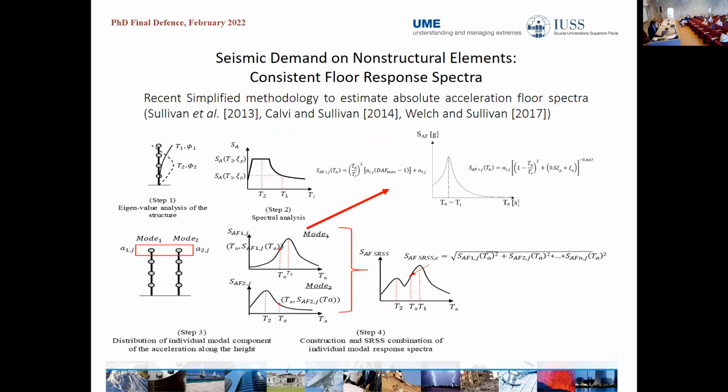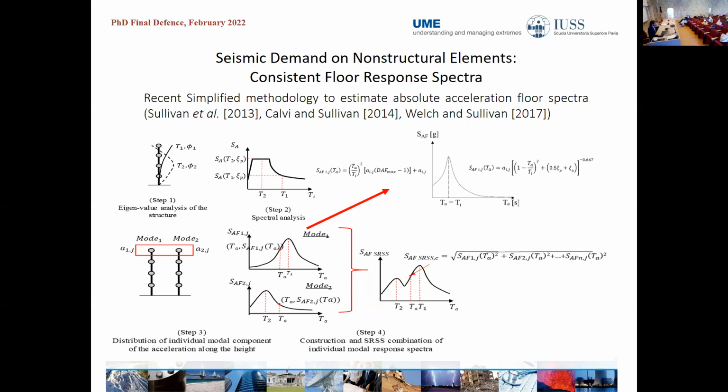The main steps of this methodology are as follows. First, in step 1, you perform an eigenvalue analysis of the supporting structure to find the periods and mode shapes. In step 2, you perform a spectral analysis. In step 3, you use those results to compute the contributions to the peak floor accelerations of each floor from each of the modes of the structure. And then you use those values to compute the contributions to the absolute acceleration floor response spectrum of each of the modes.